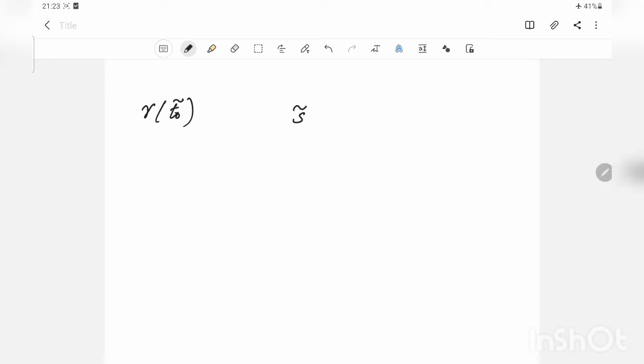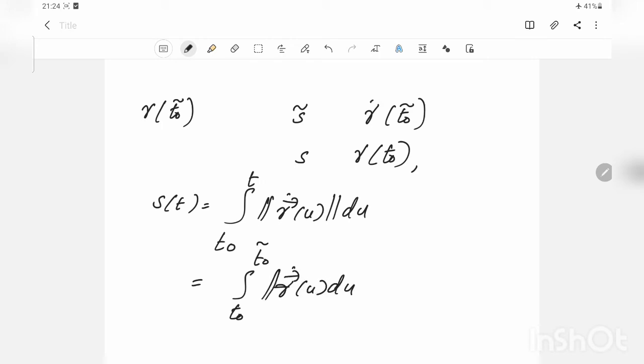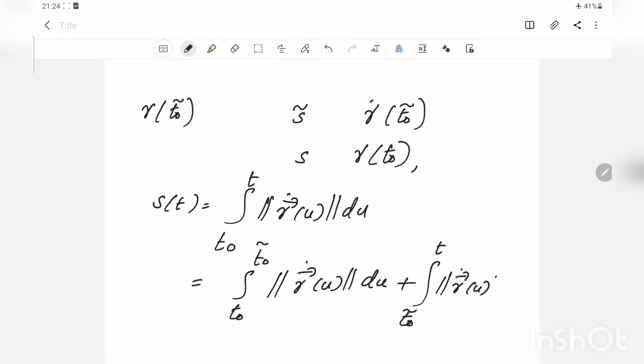For if s tilde is the arc length obtained by starting from gamma of t naught tilde, and s is the arc length obtained by starting from gamma of t naught, then s of t is equal to the integral from t naught to t naught tilde of norm gamma dot of u du plus the integral from t naught tilde to t of norm gamma dot of u du.